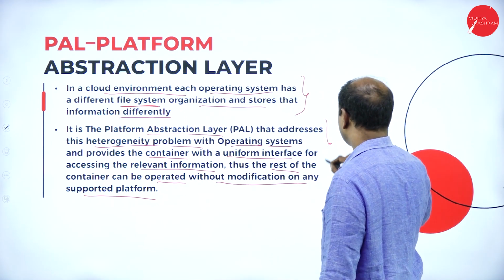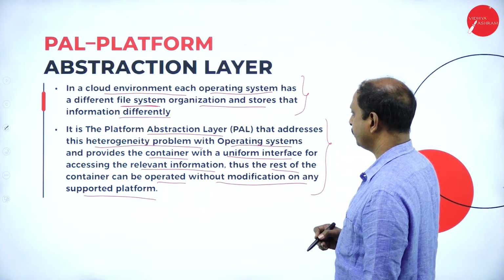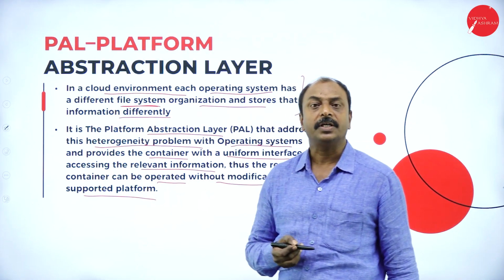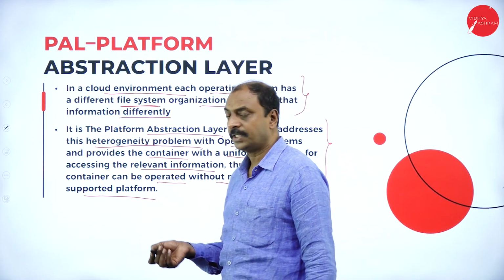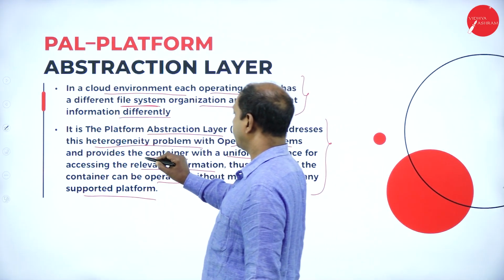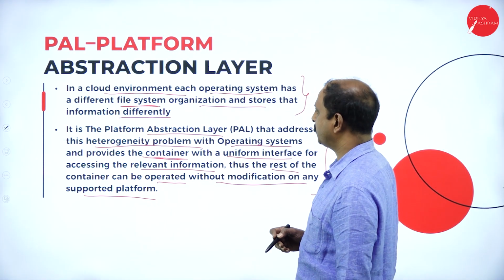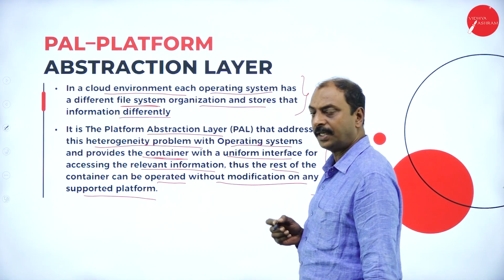So, what is the function of PAL here? Generally, all these file systems or information are stored in a container, or in storage devices, which is referred to as a container here.